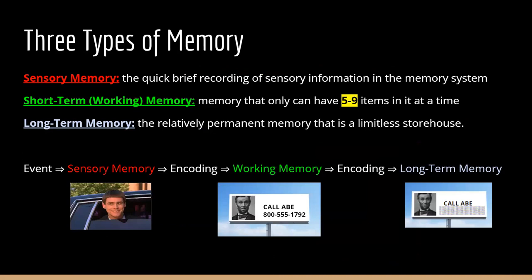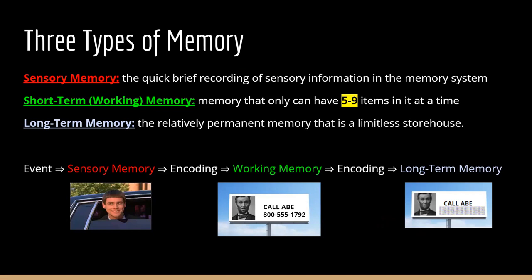We're going to talk about other kinds of memories later on. But there's sensory memory, working memory, and long-term memory. Working memory is what we call it now, but it used to be considered short-term memory, and we now consider working memory a more accurate name.